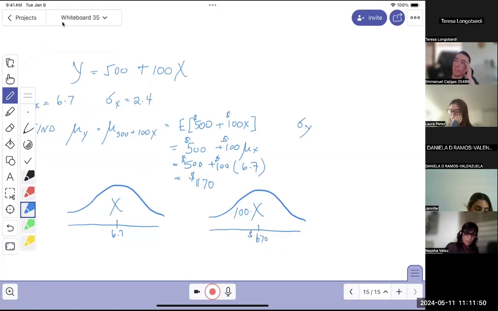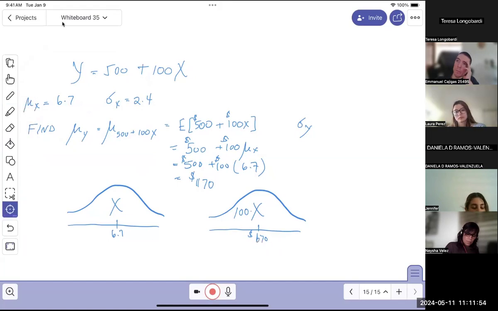And then what happens to the rest of it? If that's 670, and one standard deviation over is going to be 6.7 plus 2.4 equals 9.1. Okay, so 9.1 is one standard deviation here.